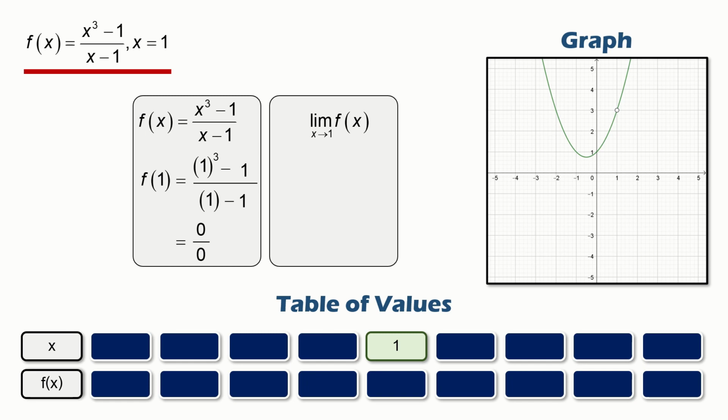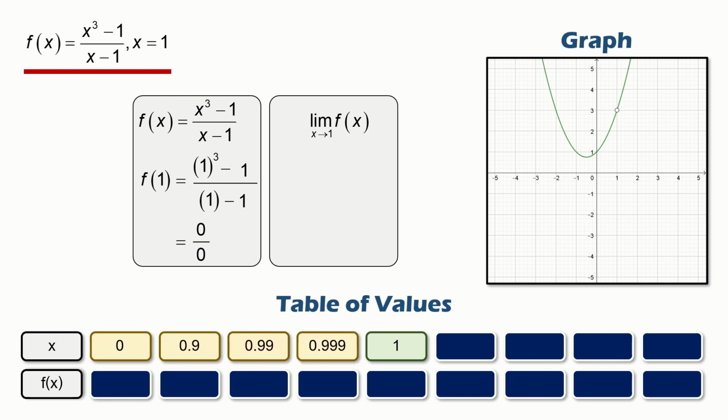For this example, I select 0 and continue to select numbers that are closer to 1, which are 0.9, 0.99, and 0.999. These numbers may vary depending on your selection. You may select closer numbers than I used in this example.